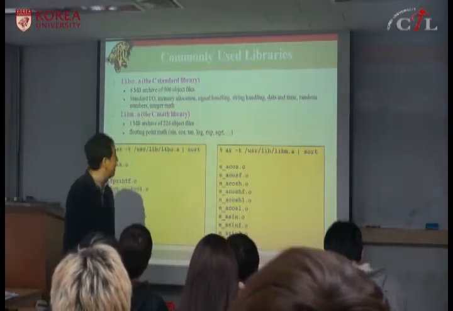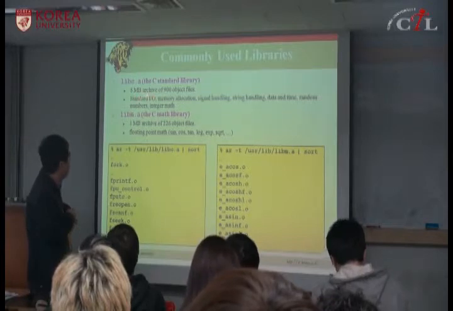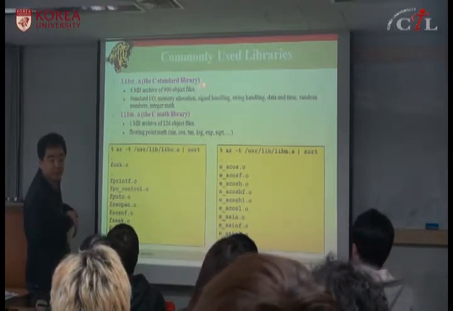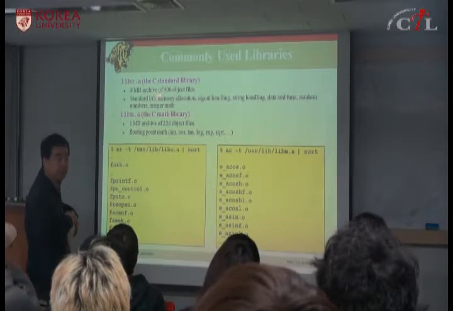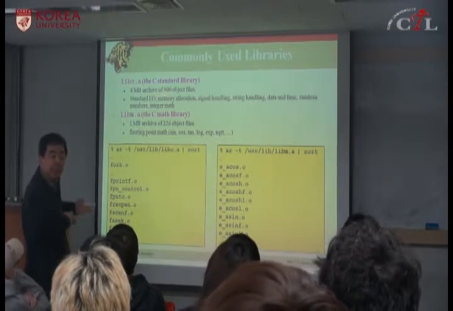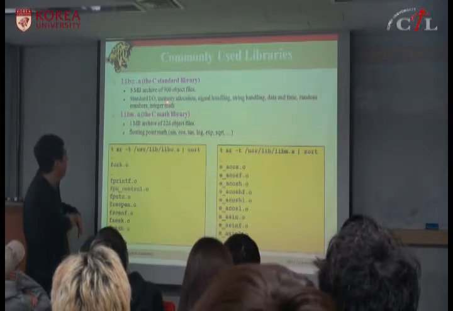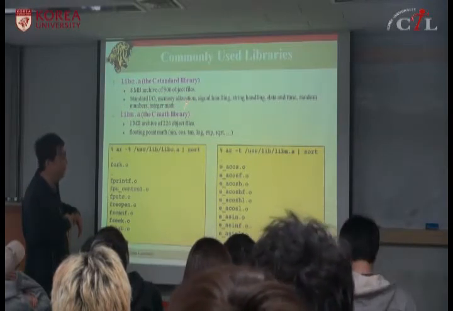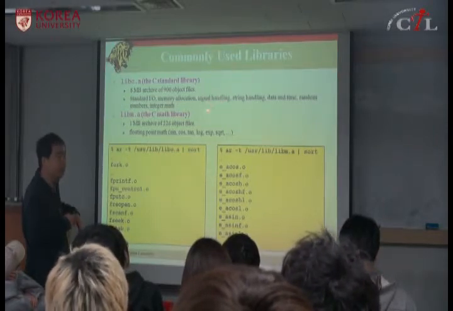The standard C library, libc.a, is about 8 megabytes of 900 object files. It has standard input and output, printf, scanf, read, write, memory allocation, malloc, free, and signal handling.